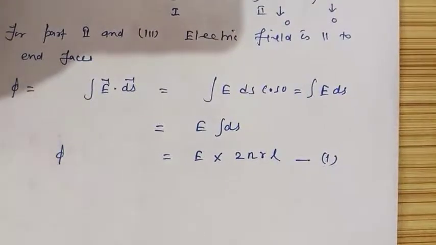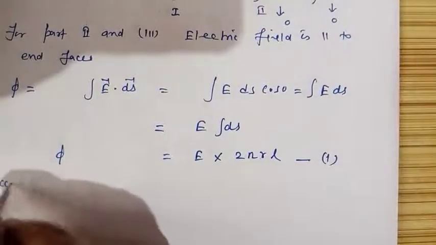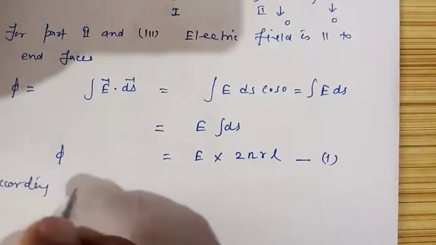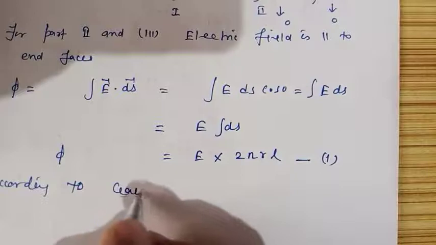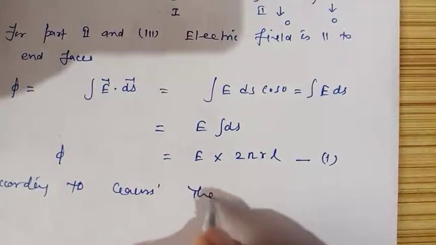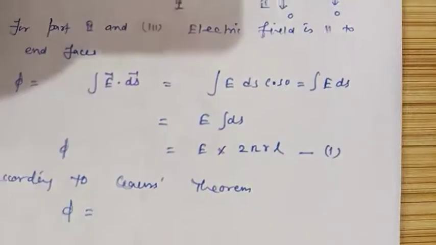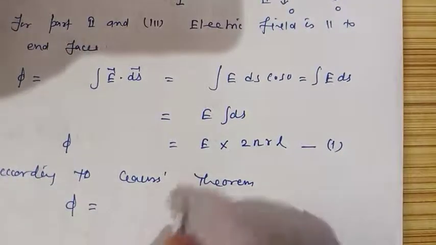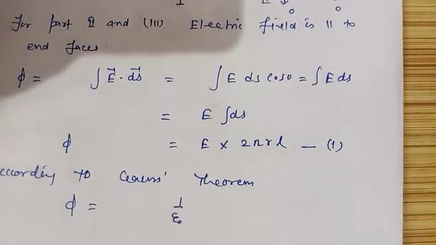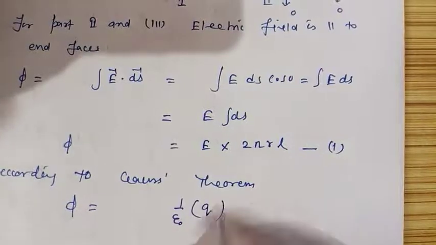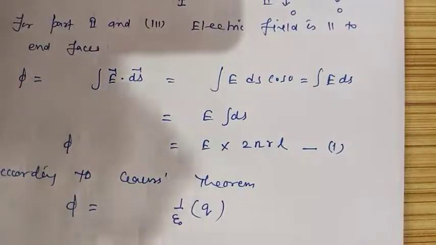Now, according to Gauss theorem, electric flux is equal to 1 over epsilon 0 times the charge inside. So charge inside will be Q, so Q upon epsilon 0.